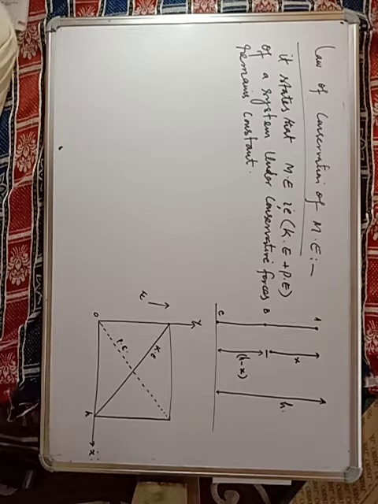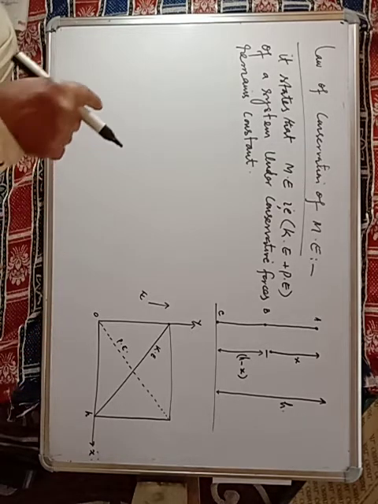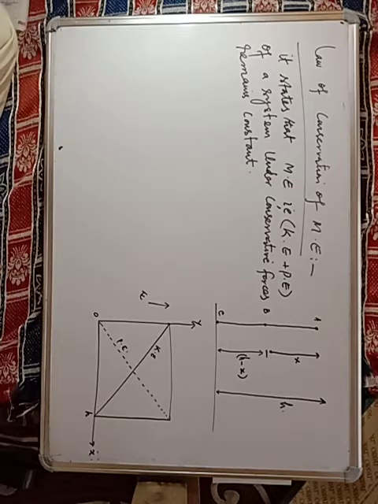So here we are discussing only the mechanical energy. That means kinetic energy gets converted into potential energy, or potential energy gets converted into kinetic energy, and total energy of the system remains constant if the body is under the action of a conservative force.